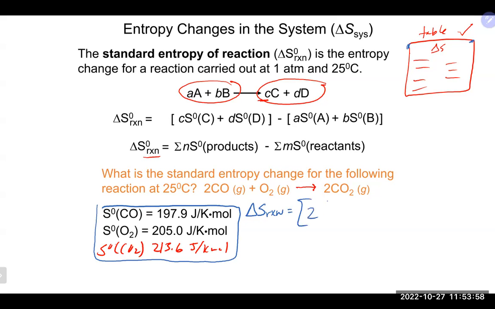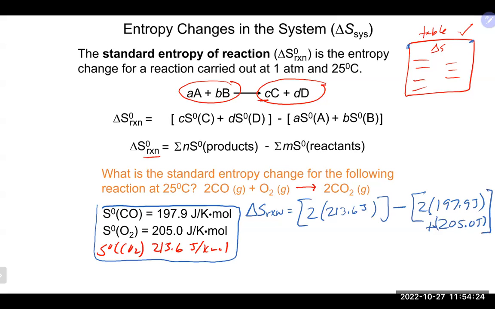So there's 2 times the value for CO2, which was 213.6. We're then going to subtract all of our reactants, which would be 2 times the value of CO, 197.9. We're then going to add our other reactant, O2, and there's only one of them, so that's 205.